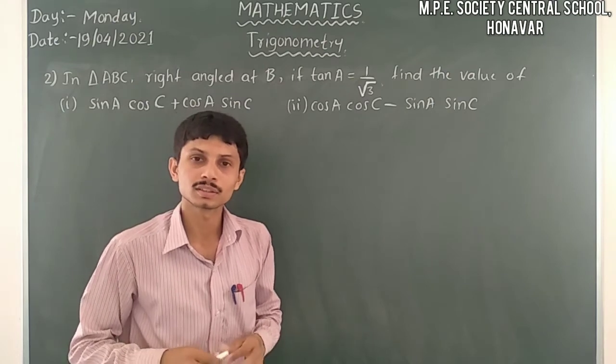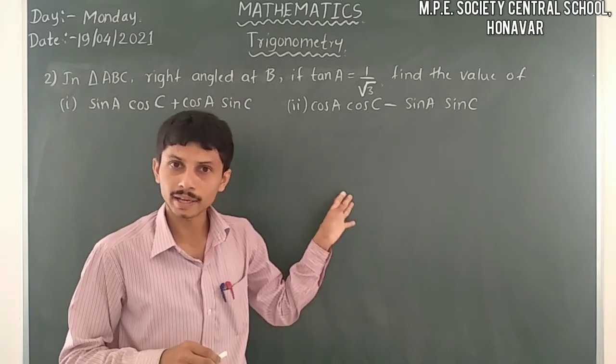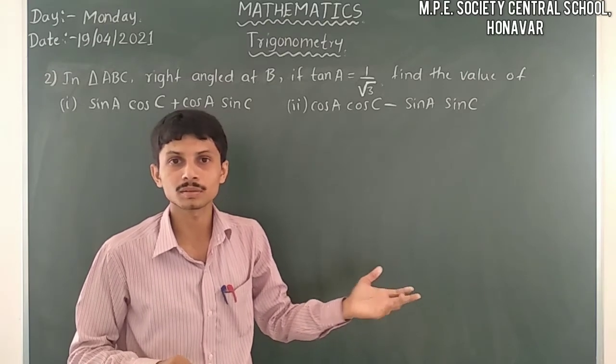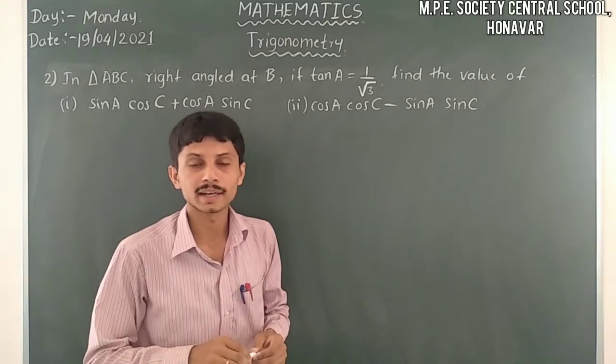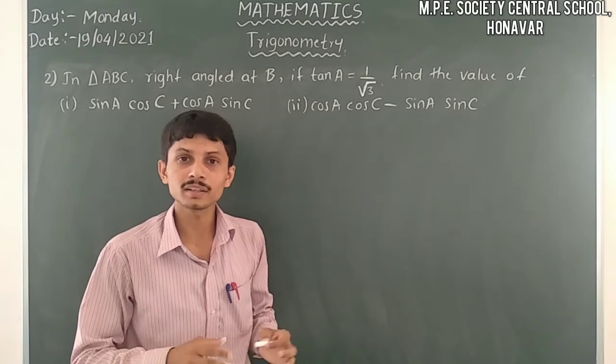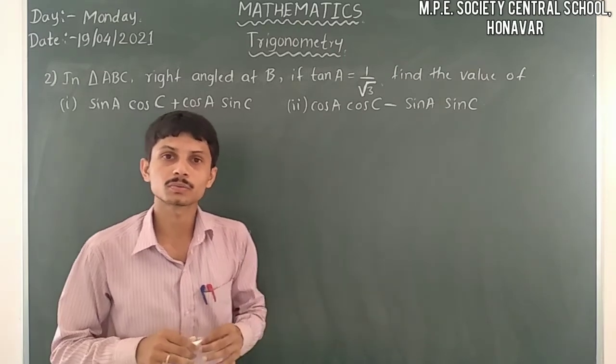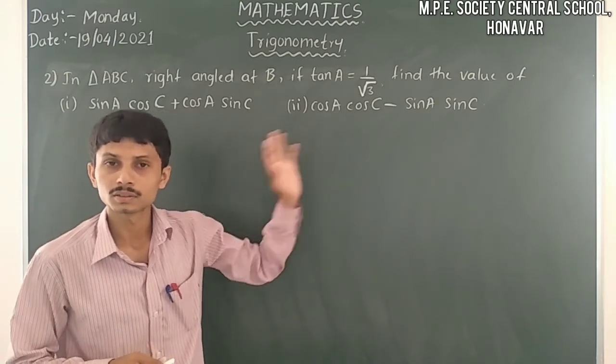Let us take the triangle first, then use the Pythagoras theorem to find the other side, and then find the other trigonometric ratios to get the solution.